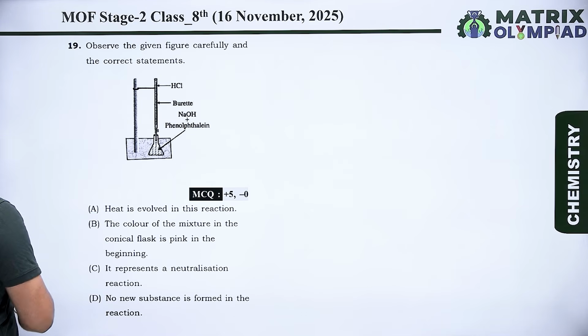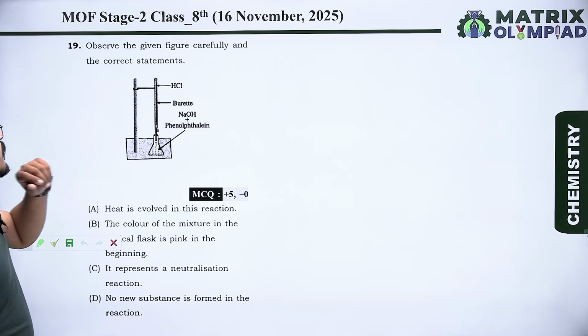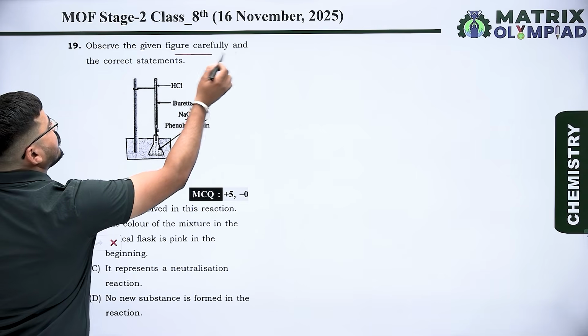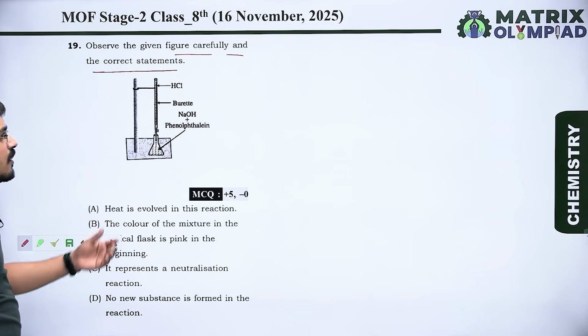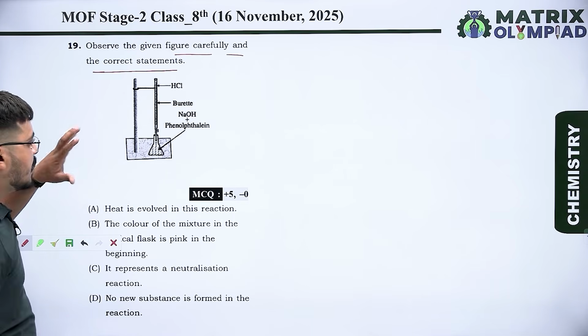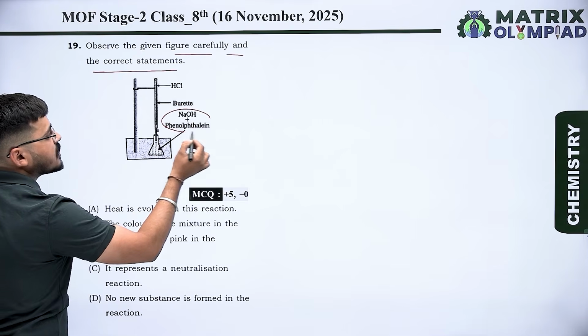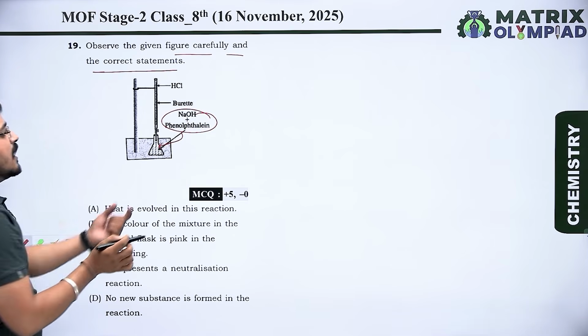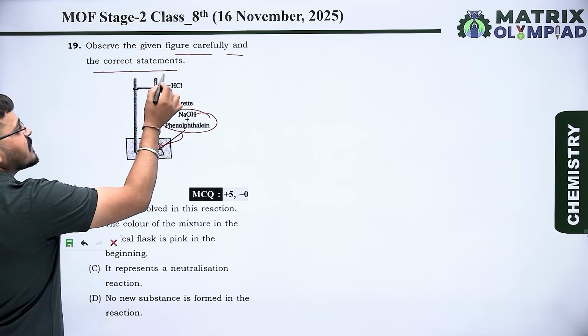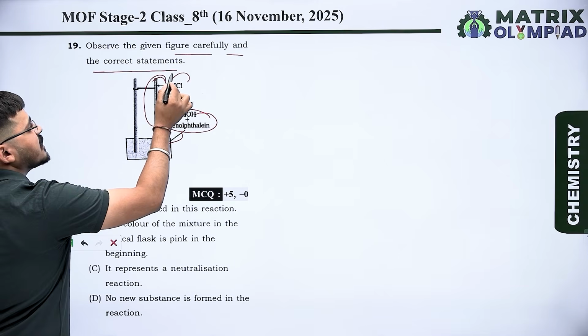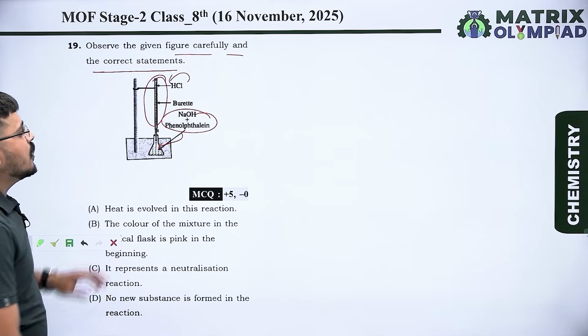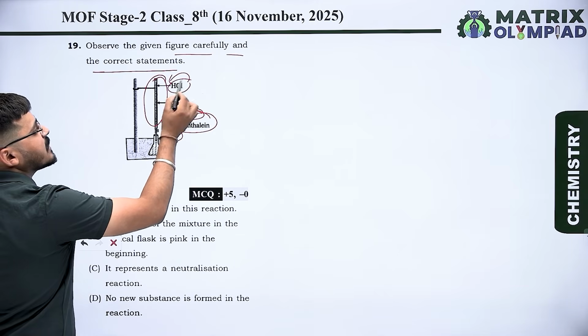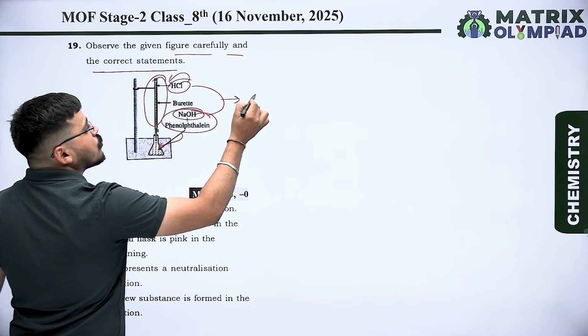In question number 19, an activity is given. Observe the given figure carefully and correct the statement. First of all, we have to study the diagram. In this diagram, we can see NaOH and phenolphthalein solution is taken in a conical flask, and this is the burette. In this burette, HCl is poured. We know very well NaOH and HCl both are strong.